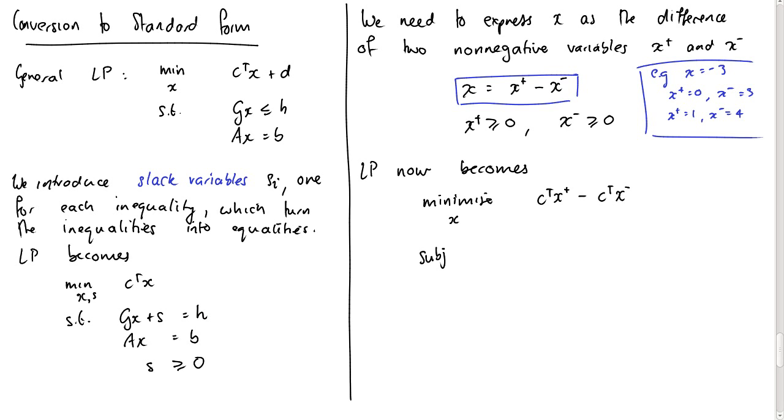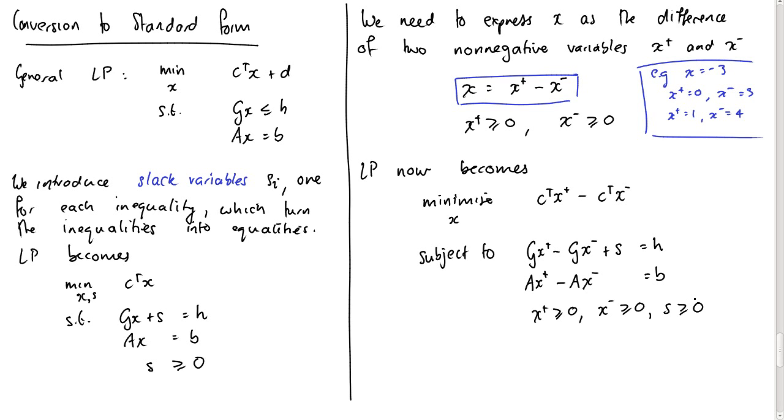And subject to Gx plus minus Gx minus plus s equals h, still an equality constraint. And the other piece, Ax plus minus Ax minus equals b, and non-negativity. We now have all the variables must be non-negative, and s is greater than or equal to 0.